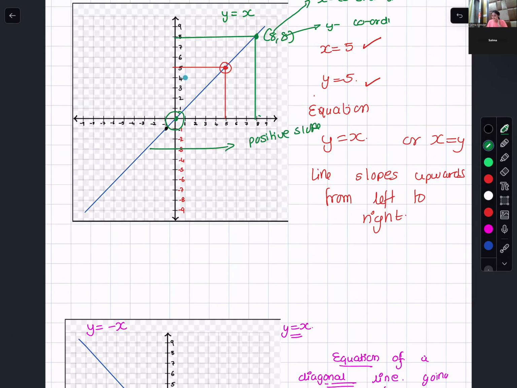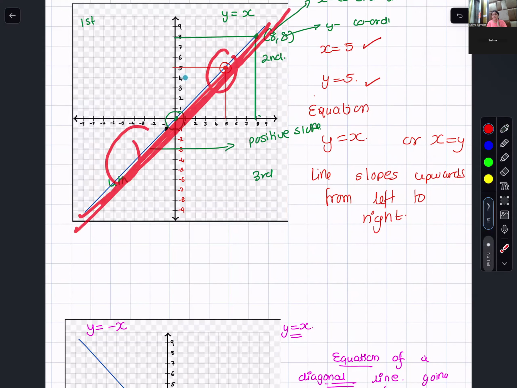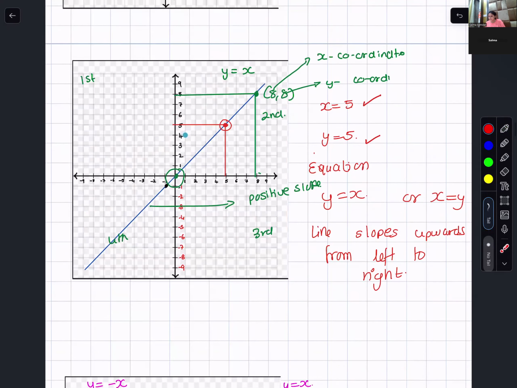Positive slope, that means it covers, this is called the first quadrant, second quadrant, third quadrant, and fourth quadrant. That means it covers the first and the third quadrant. This line has a positive slope. Okay, it is sloping upwards. So the equation would be y is equal to x.